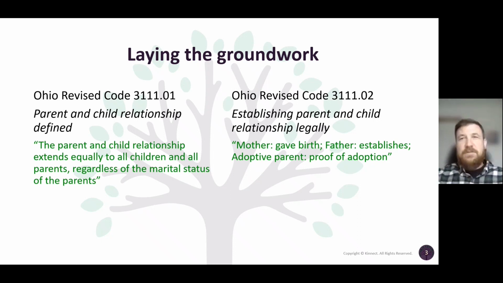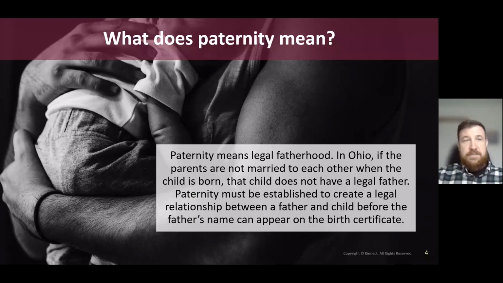So what does paternity actually mean? Well, it means legal fatherhood. In Ohio, if the parents are not married to each other when the child is born or within 300 days, I'll say more on that later, that child does not have a legal father.